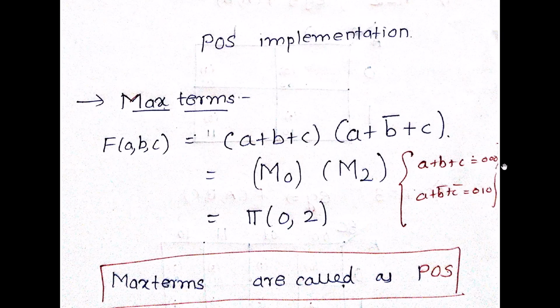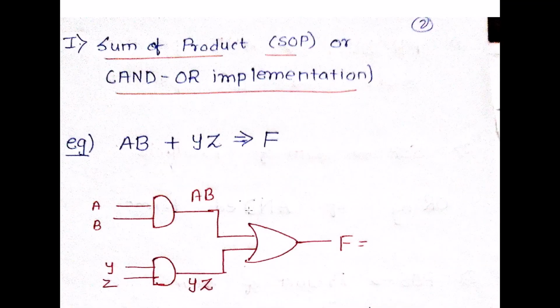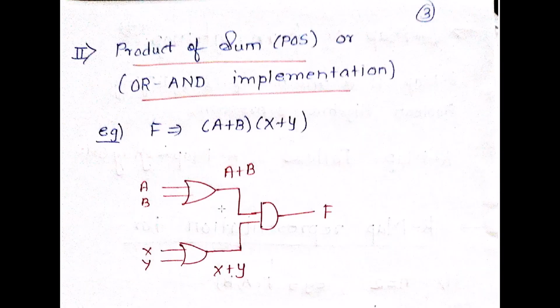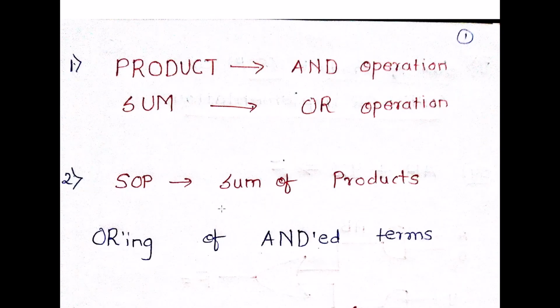Hence you have 0, 0, 0 and 0, 1, 0. This should not be C bar, this should be C. Just try to find out 0 and 2. Max term is given as this pi variable, whereas your min terms are given as the summation variable. And that's it. So we have this kind of representation in SOP and POS.